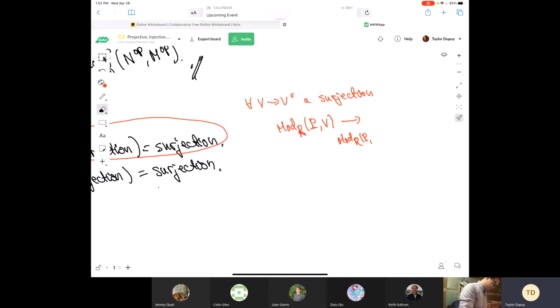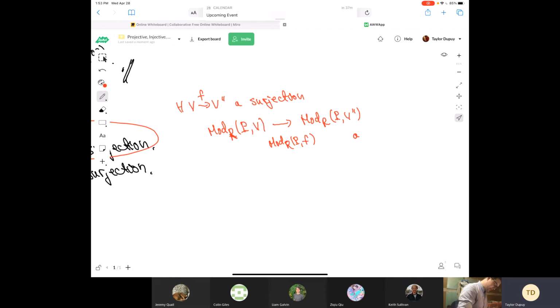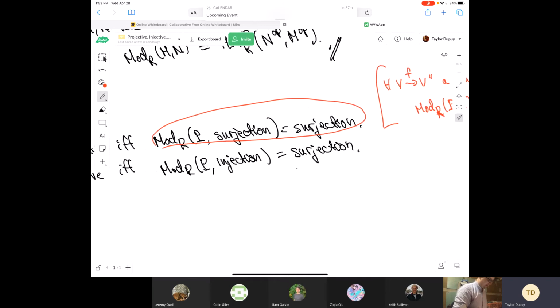Let's not use P's, let's do F. Here, this is Hom_R(P, -) applied to V to V'', a surjection. So it does make sense to apply the functor to a morphism. It's saying that this morphism is a certain type of morphism, and it goes to a certain type of morphism.